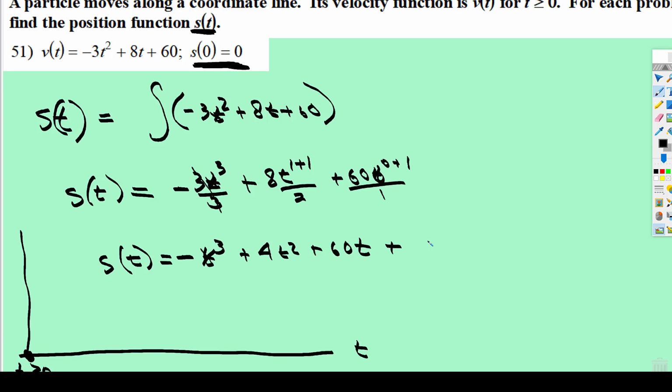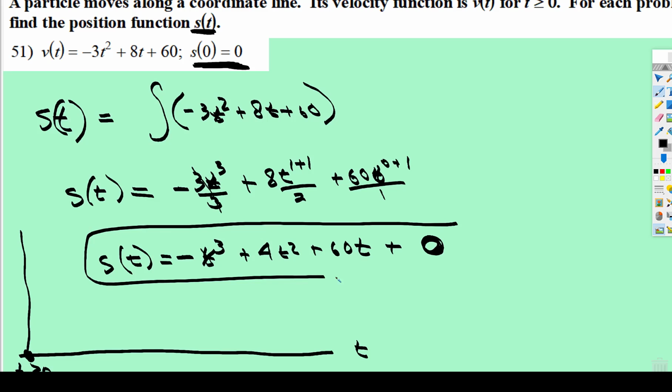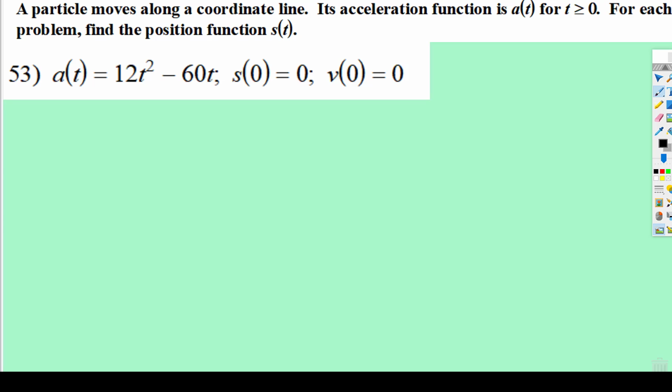Oh, and then there's this constant over here that's 0. S of 0 is equal to 0. There you go. So you work backwards to find the position function.